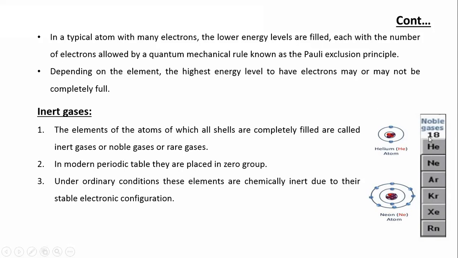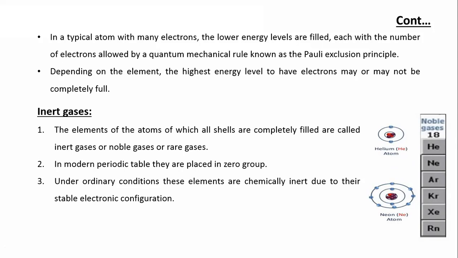If you consider helium, it has only the K shell, which has the capacity to hold only two electrons, and helium itself has two electrons in the neutral state. So it does not need to adopt any further electron. It has no vacant space.